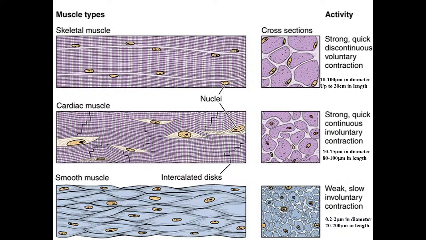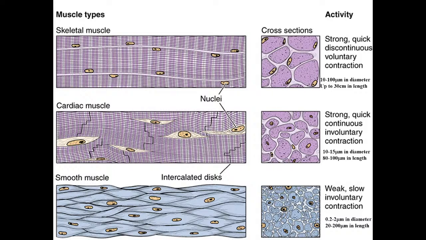So we know that skeletal muscle action is strong, right? They are quick and they are voluntary in nature. The longest muscle fiber can go up to 30 centimeters in length. Do you know which is the longest muscle? Sartorius, right? So it can go up to 30 centimeters in length.